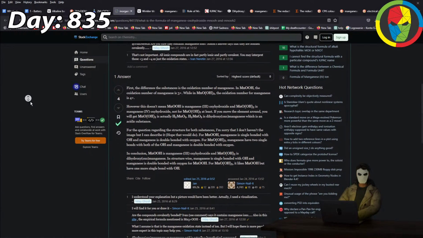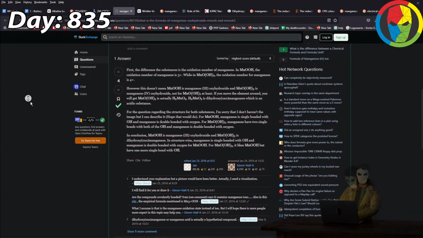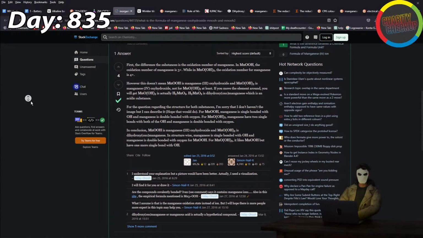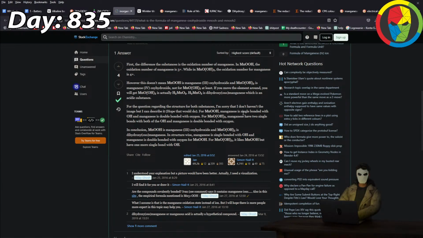In MnOOH, the oxidation number of manganese is 3. Oh, not the oxidation numbers, I hate those. I mean, manganese oxide hydroxide. Move the elements around, you will get the structure. Manganese is single bonded with OH, and manganese is double bonded with oxygen.